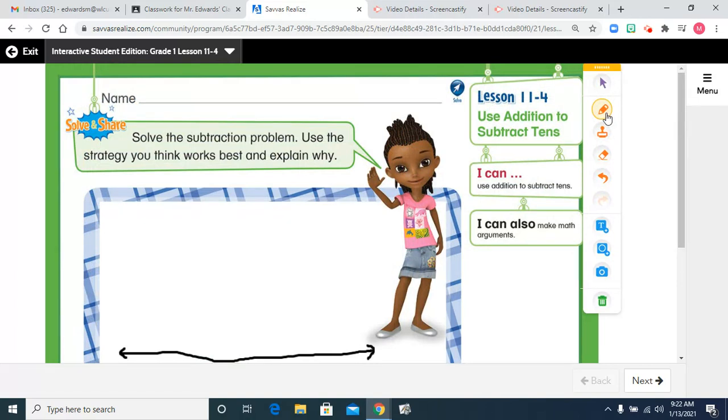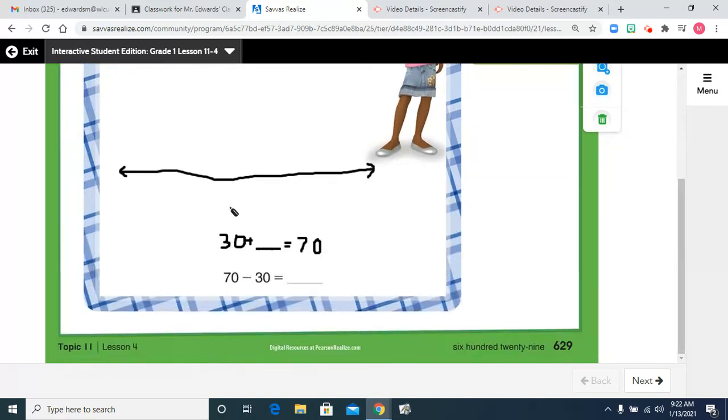All right, so let's do the addition problem first. We need to start at 30. Since we're adding, we start all the way to the left. Now we're going to need to get to 70. Like the video said, we need to count by tens to get to 70.